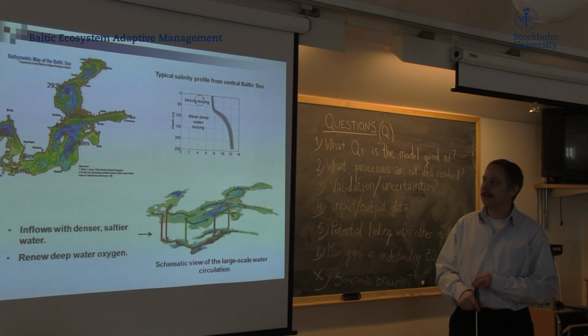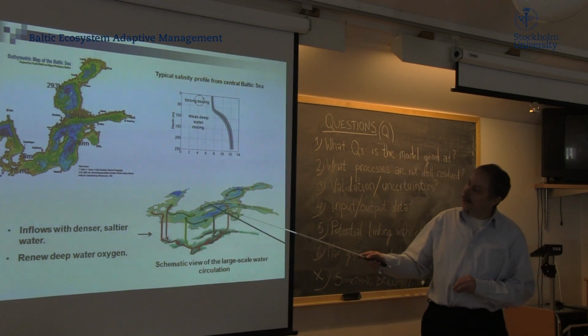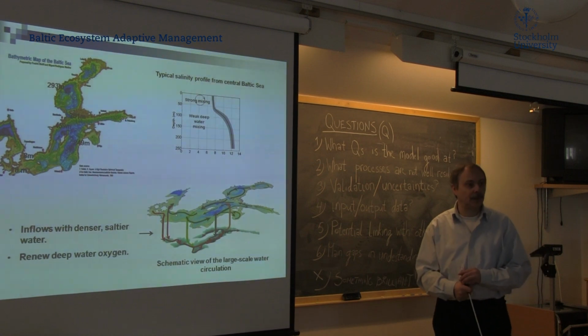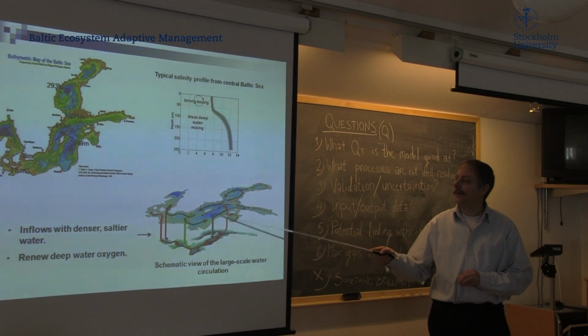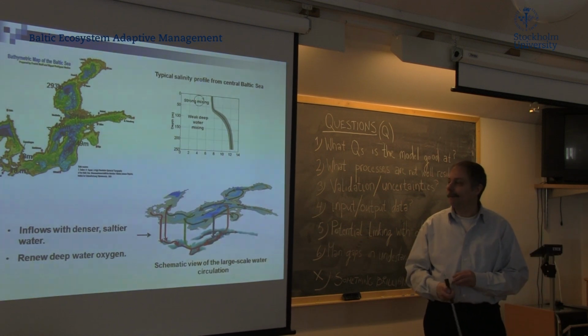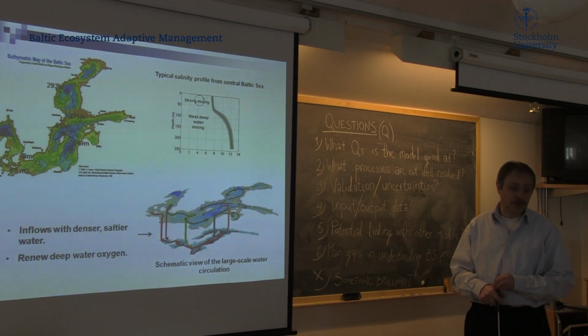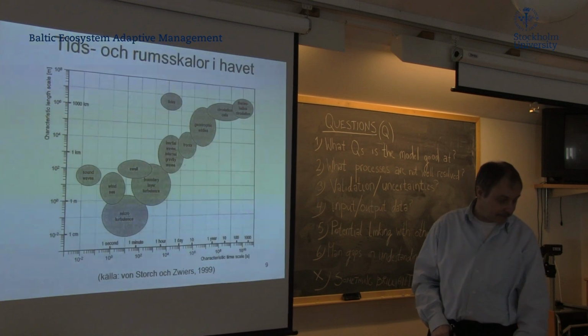So simplified exchange formulations between the basins. Or you argue, okay, I want also to understand the circulation within the basins. This kind of horizontal and vertical circulation. Therefore, you need three-dimensional models, and that is what I want to discuss here.